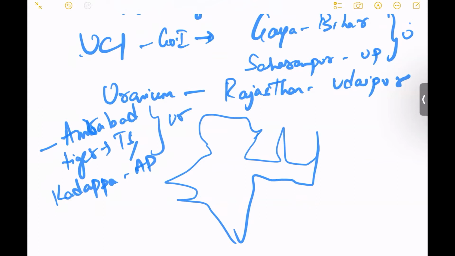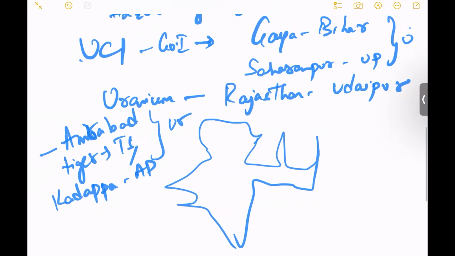So whatever places you have mentioned, like Jharkhand, Bihar, Telangana, AP, Rajasthan, all these you mark and then write figure 1.